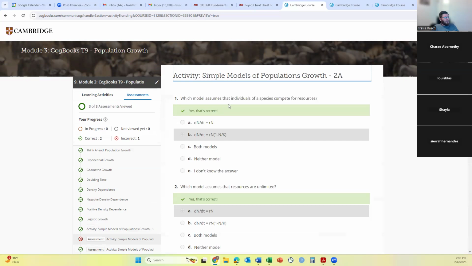So it says, which model assumes that individual species compete for resources, right? And that's going to be the logistic growth equation. But why? What about the equation, or where is the assumption, maybe I should say, in the equation for competition?